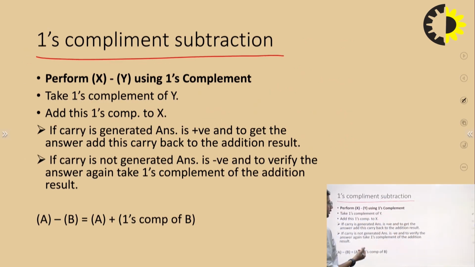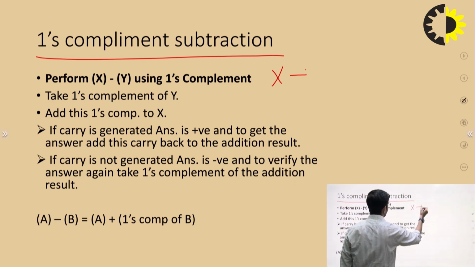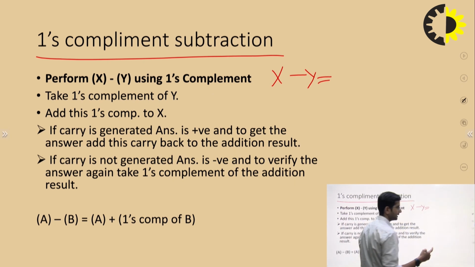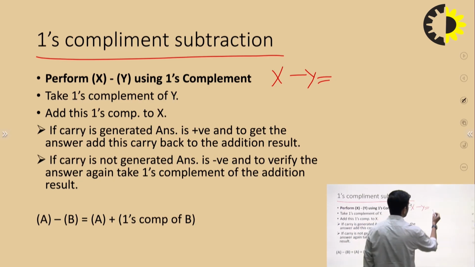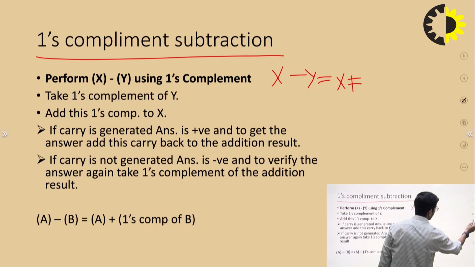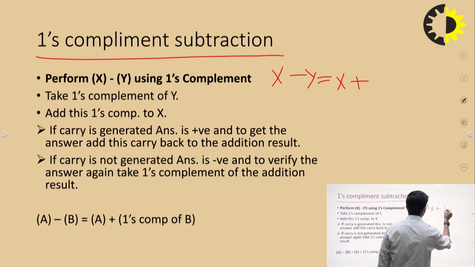How can we perform the subtraction using the binary ones complement form? If we have some number in the form of x minus y, then if we are performing the subtraction using the ones complement, it will become x plus ones complement of y.